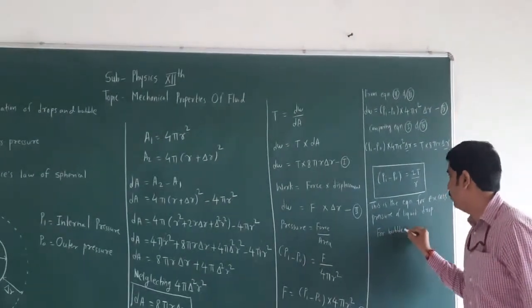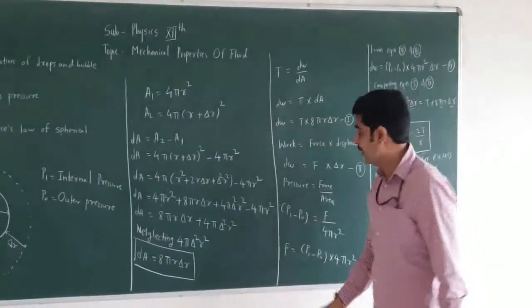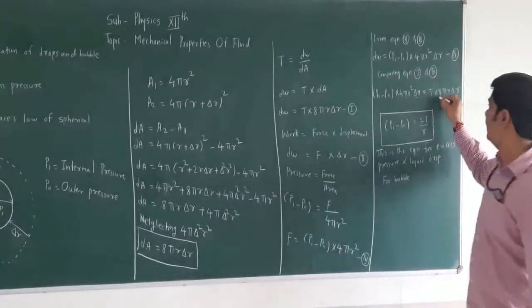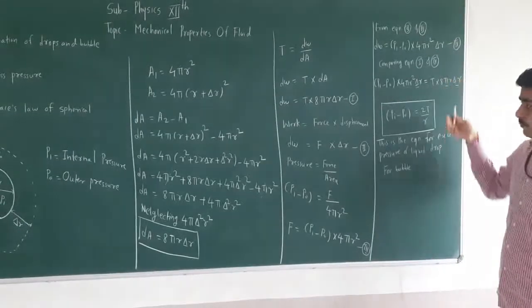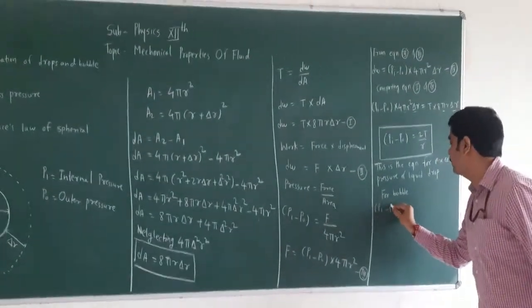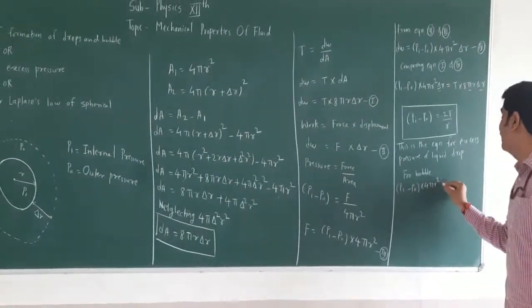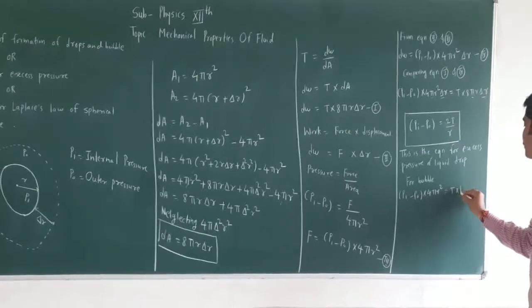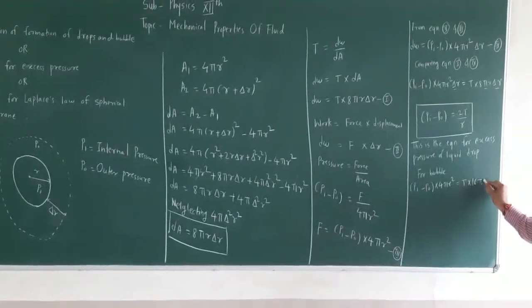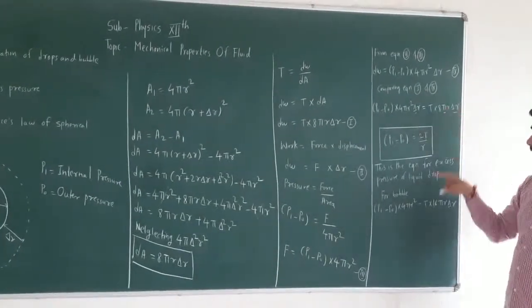as I have told you, for a bubble there are two surfaces in contact with the air. So in the place of 8, we have written 16. For a bubble, Pi minus P naught into 4 pi r square is equal to T into 16 pi r delta r. So why have we taken 16 directly?